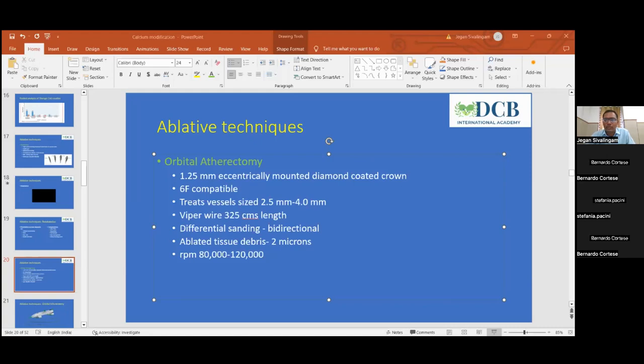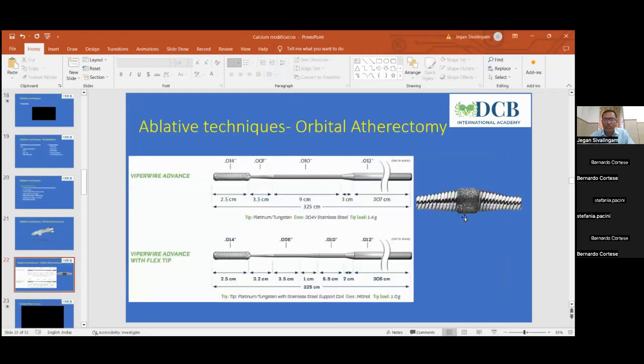No, we don't see it. You should put the presentation mode, because we are still stuck in the previous slide. Now, are you able to see? Yeah, but not in presentation mode. Probably you have shared another window.